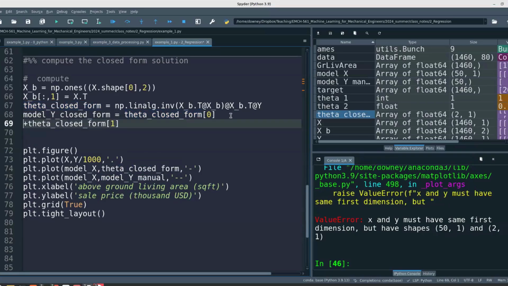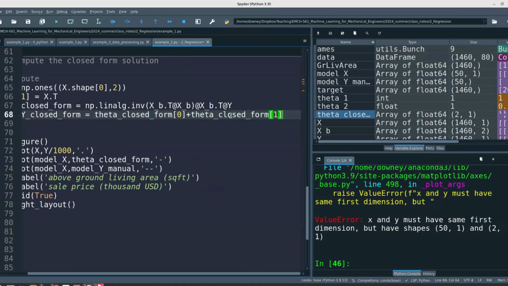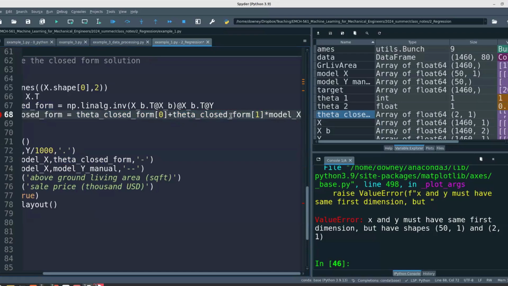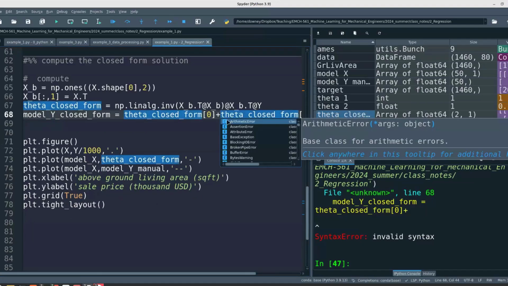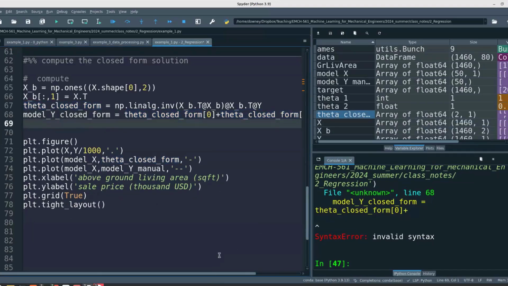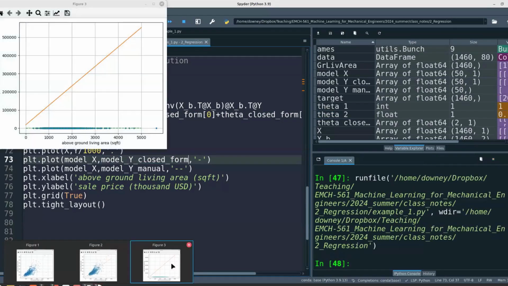Maybe it's like this. We'll just go to the end. Okay. Times model underscore X. That'll work. So this is going to be model X, model Y closed form. And that should get me a solution.